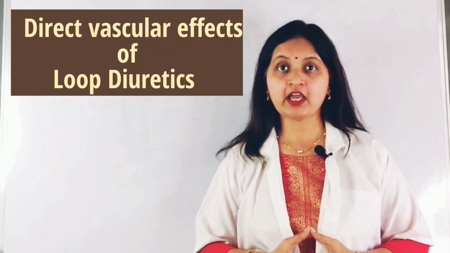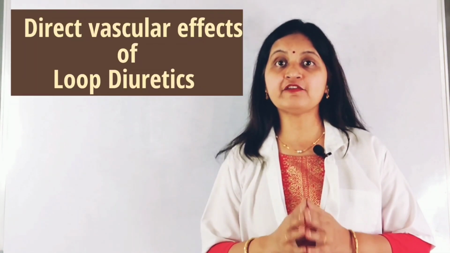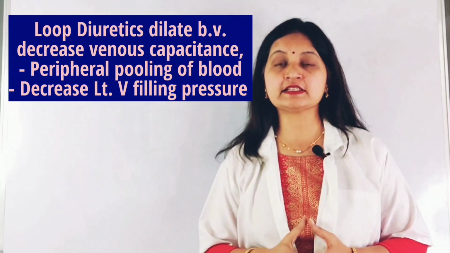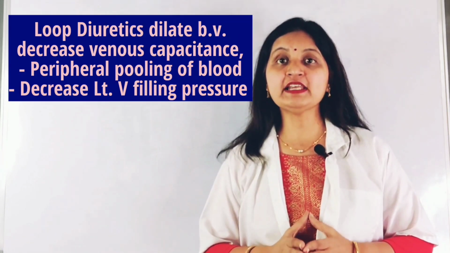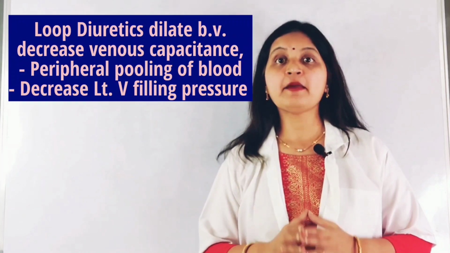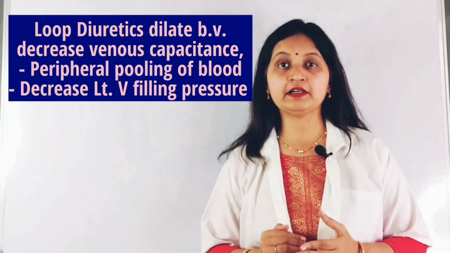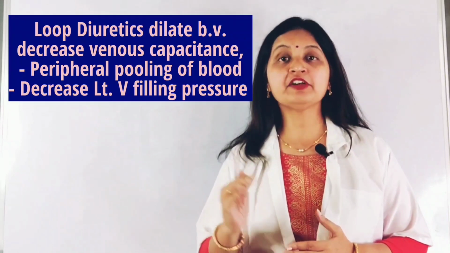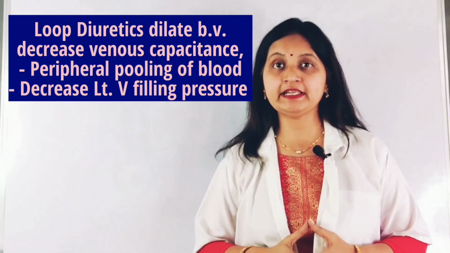So the next effect, the loop diuretics have direct vascular effects. Due to prostaglandin synthesis, they can cause dilatation of blood vessels. So due to increased venous capacitance, there is decreased peripheral vascular resistance and peripheral pooling of blood. So this decreases the left ventricular filling pressure and reduces the symptoms of pulmonary edema.